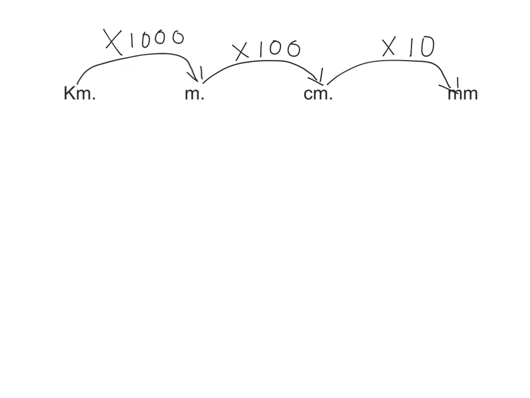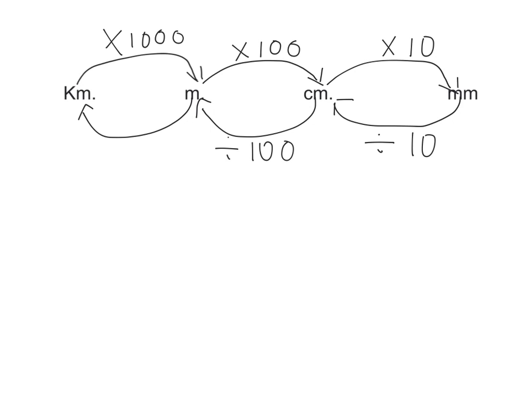If you want to do the reverse, from millimeters to centimeters, you divide by 10. From centimeters to meters, you divide by 100. And from meters to kilometers, you divide by 1,000. And that's what I did. I multiplied by 100, giving me the 200 meters.